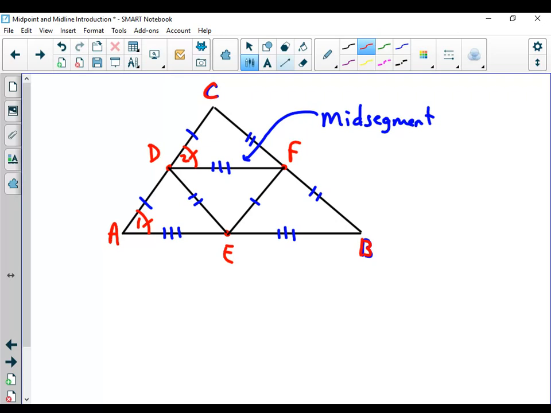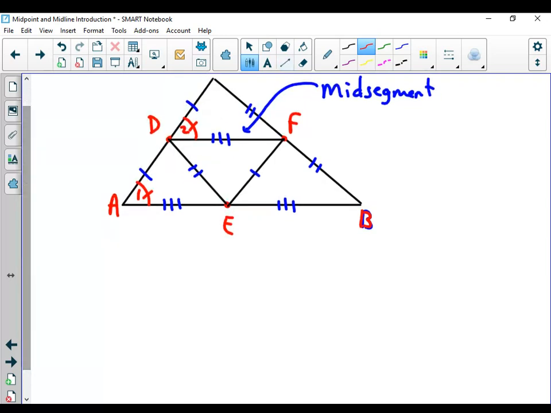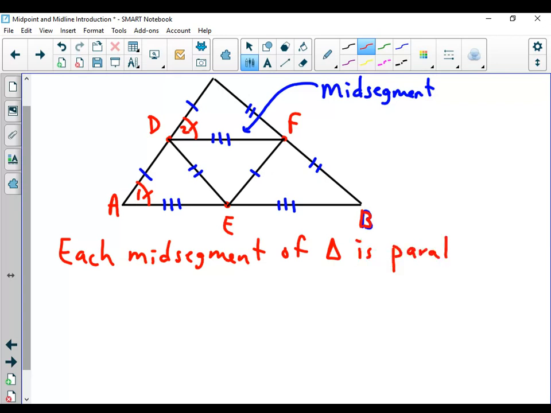So here's what we need to remember about the mid segment. This is number 9. This is the key point. Number 9 says each mid segment of a triangle has two things that happen. The first one says blank to the third side, and finally blank long. Well, that first blank should be is parallel to the third side.